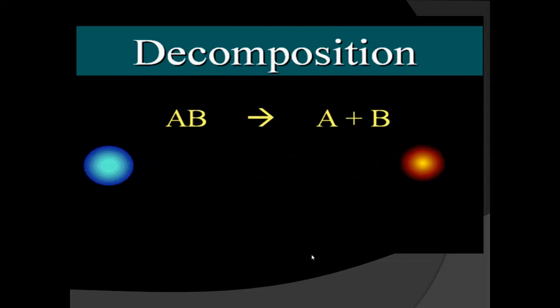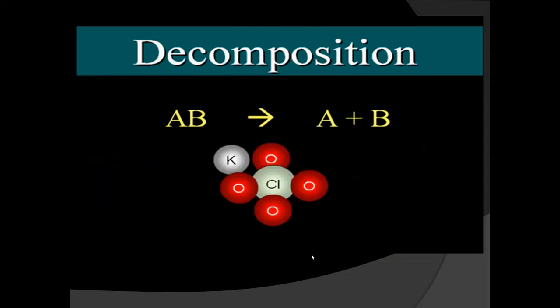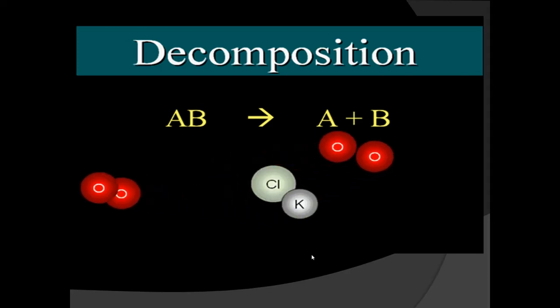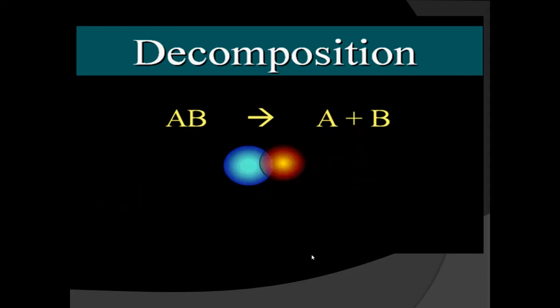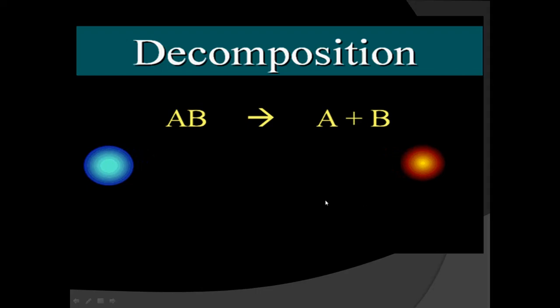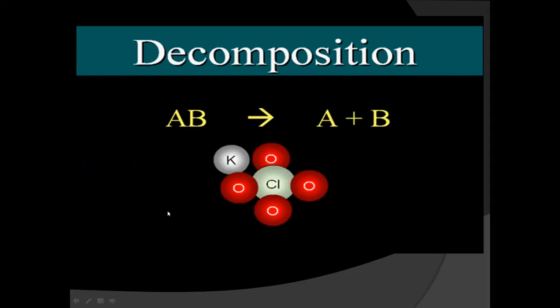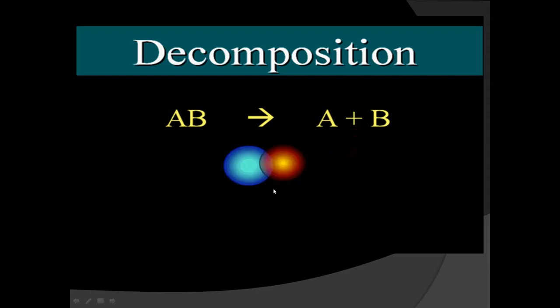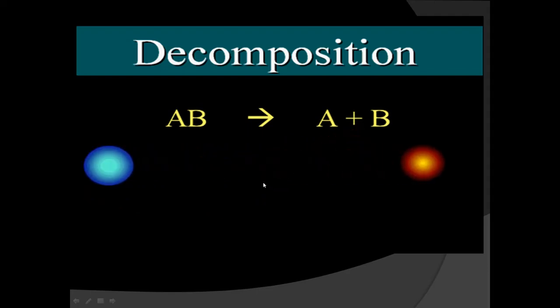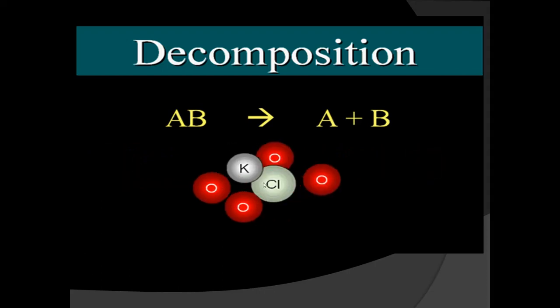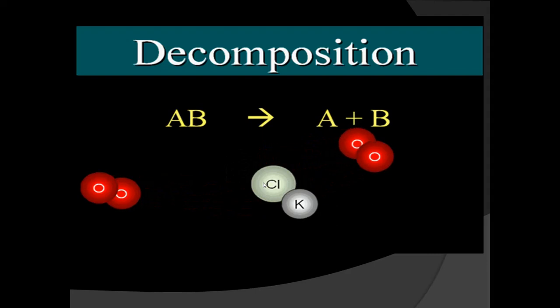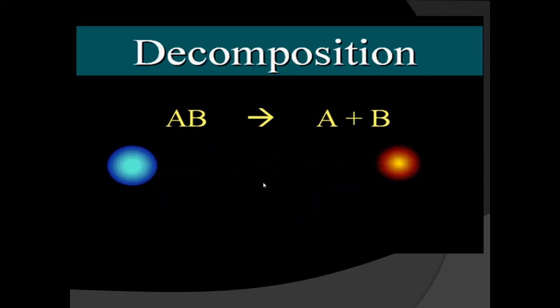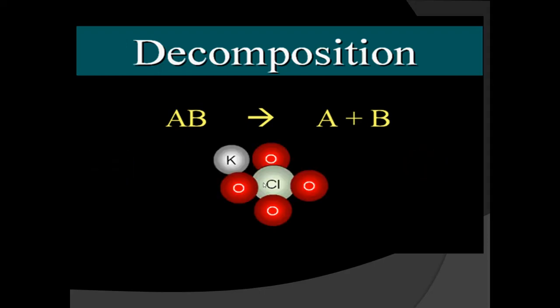This is an example for decomposition reaction. As you can see in this image, AB gives rise to A and B. Here you can see these motion pictures. This is the compound potassium chlorate. See how this potassium chlorate is dividing itself and it is giving rise to potassium chloride, KCl, and oxygen, O2, gets separated.